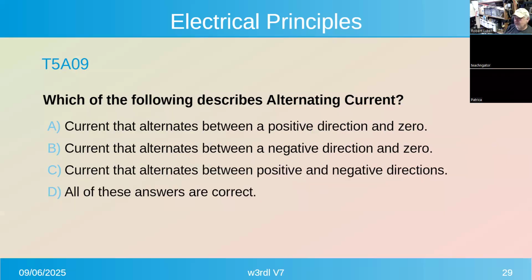So which of the following describes alternating current? Also, just to get you used to it, on the answers, try to use the phonetic alphabet because we use it in radio.